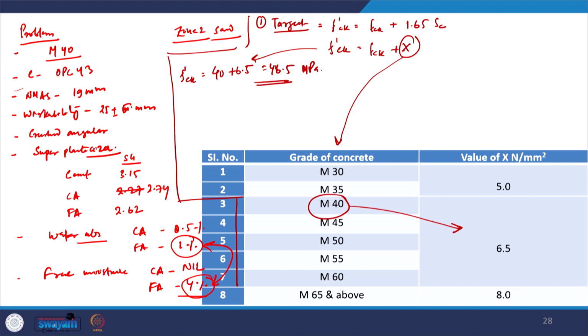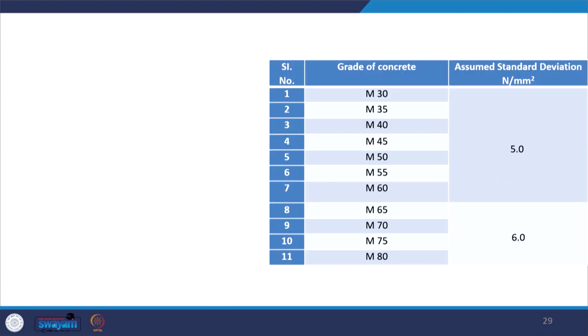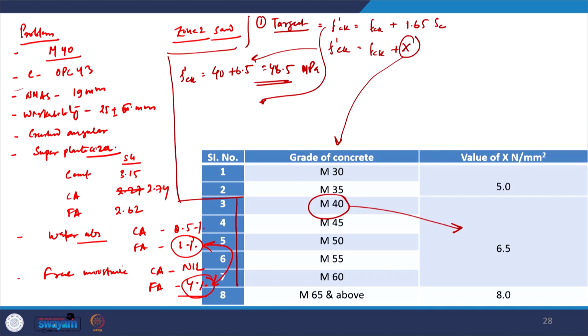MPa, and in the first formula we have to know the value of SC. The value of SC for M40 is equal to 5, so we will use this value here. F dash Ck is 40 plus 1.65 into 5, which becomes 48.25 MPa.